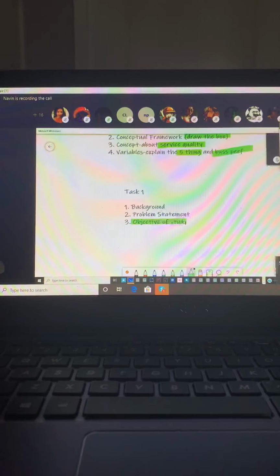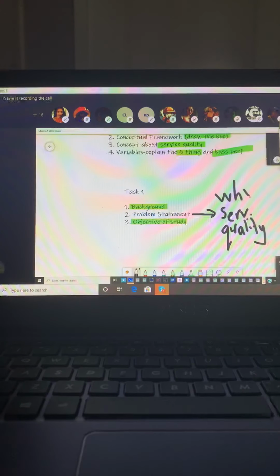Okay, so I think you can write this. Background, this one background of the company, I think most of you already done that. Okay, some of you ask me question how to write problem statement. Okay, so problem statement you can write in terms of service quality. Okay, so you need to write problem statement regarding why service quality is important.